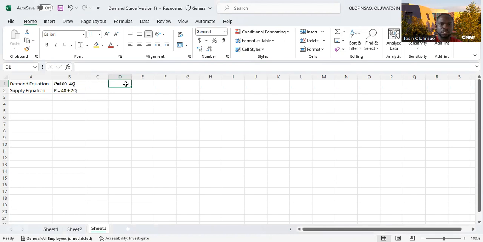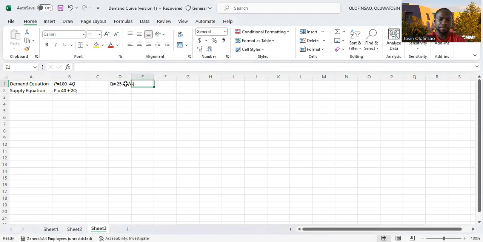And how you can do this is if you solve that, your Q will be equal to 25 minus, in brackets, P divided by 4.